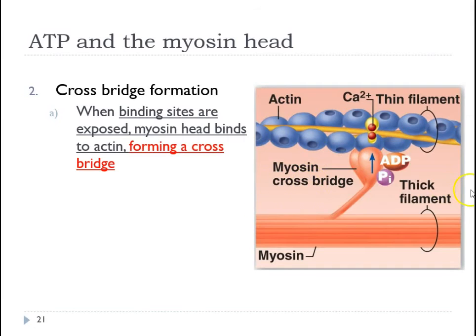So let's say we moved in one direction. What then happens is we have to move this myosin head again. So we might be going from one spot to the next spot to the next spot, moving these thin and thick filaments across each other so we can move that muscle from being extended to sort of contracting.